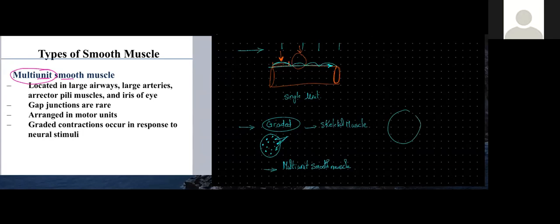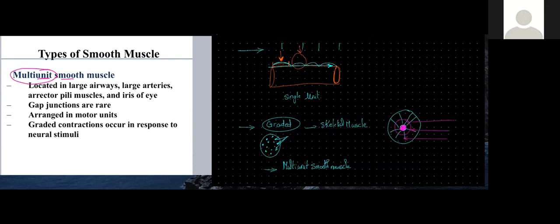For example, if we're looking at the iris, remember, at the center of the iris we've got this hole through which the light travels to the inside of the eye. You're going to be either contracting or dilating the pupil of the eye to regulate the amount of light that travels to the inside of your eye.